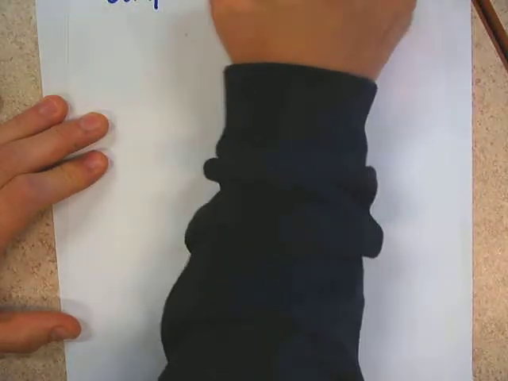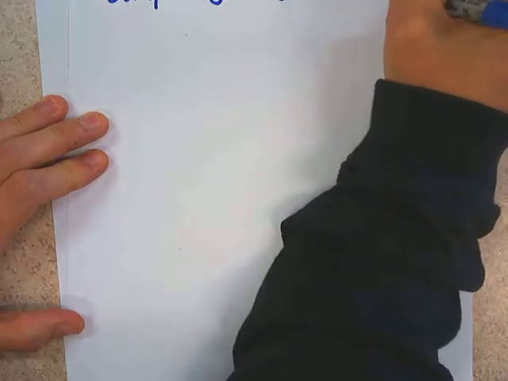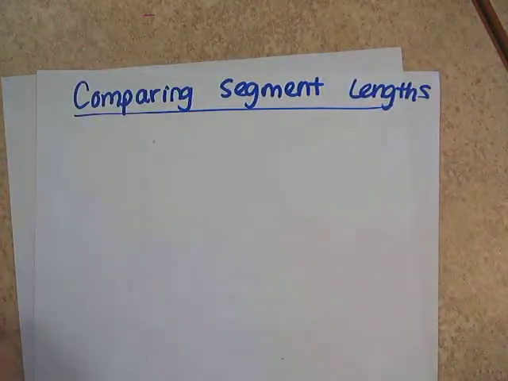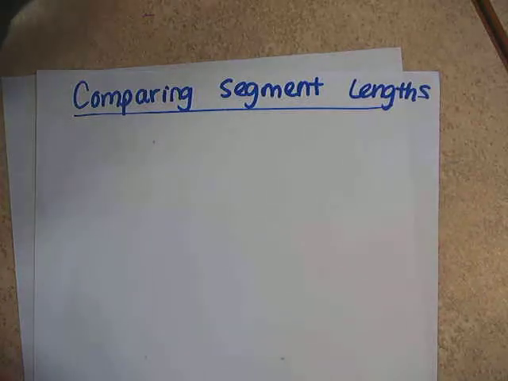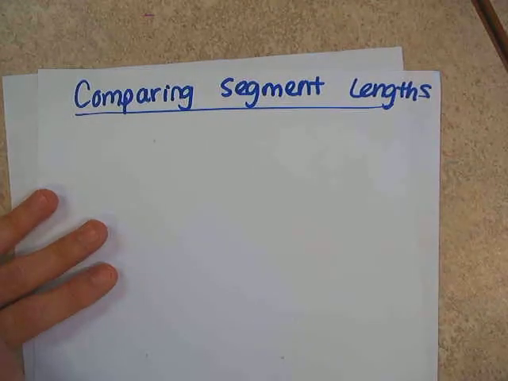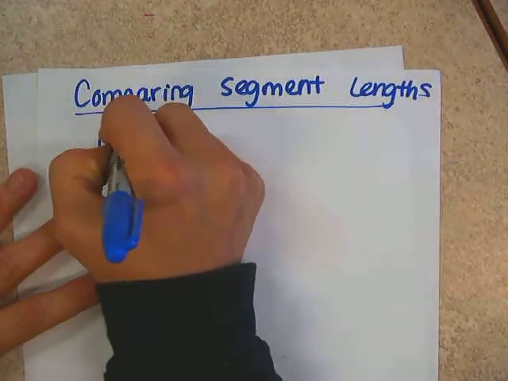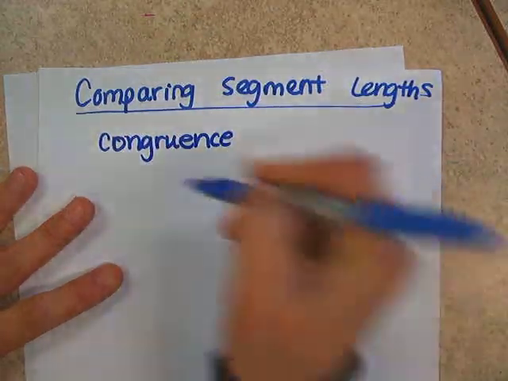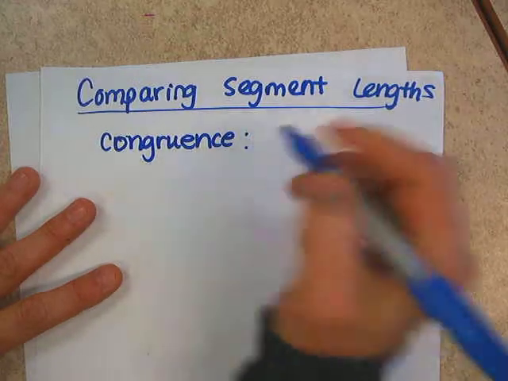All right, so they're also going to have you comparing segment lengths. Comparing segment lengths will involve finding segment lengths first, and then determining if they are congruent or not. Okay, so I guess we should talk about congruence.